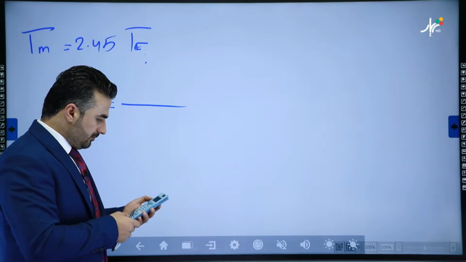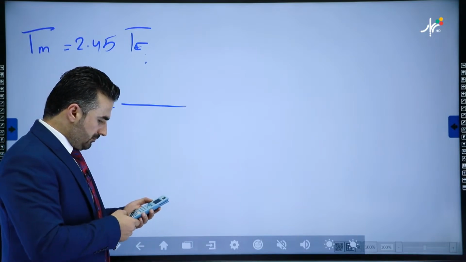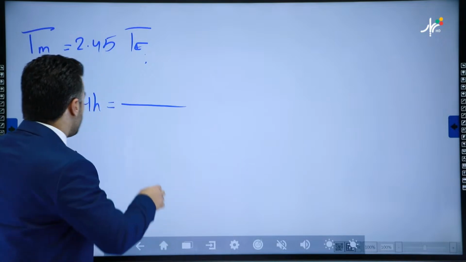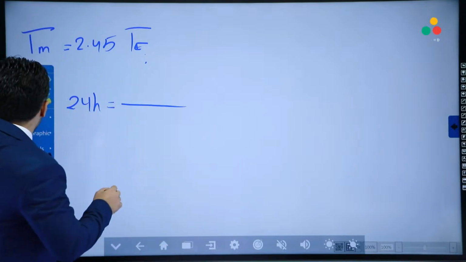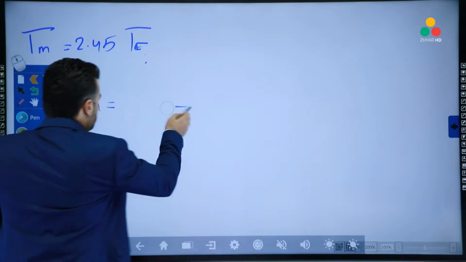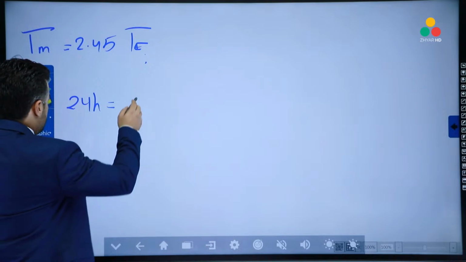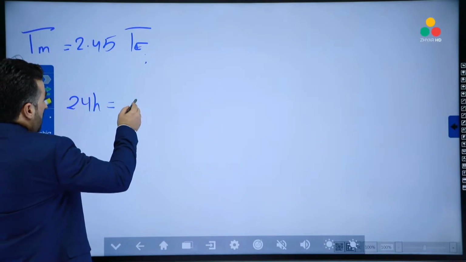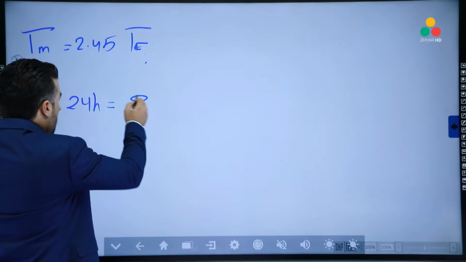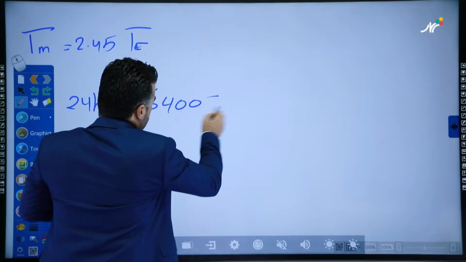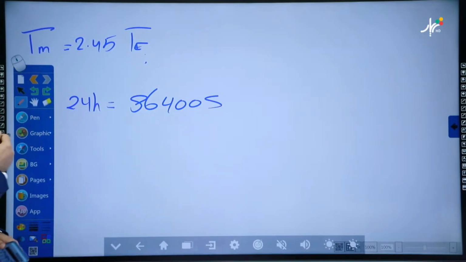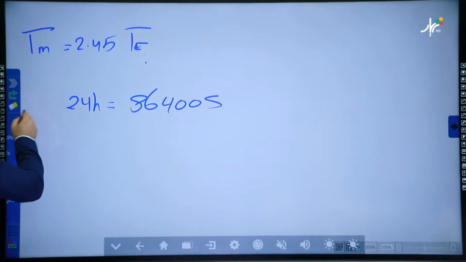So the total number of seconds on the Earth in 24 hours will be 86,400 seconds.